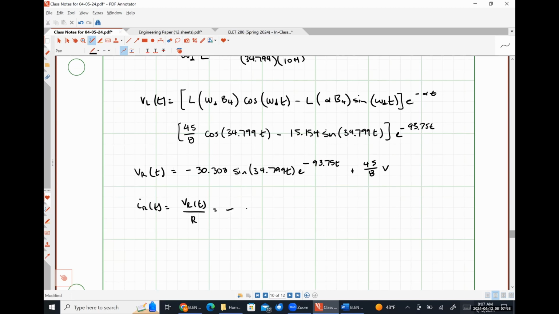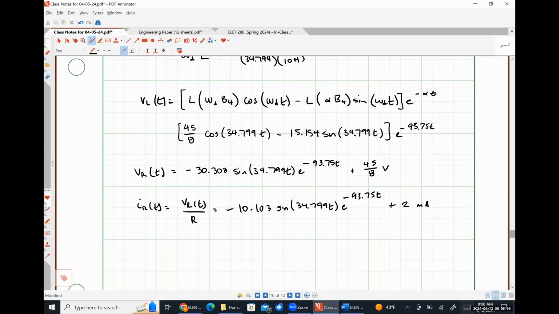So we get negative 10.103 sine 34.799t e to the minus 93.75t, and then 45/8 over 3,000, plus 2 milliamps should be our resistor current.